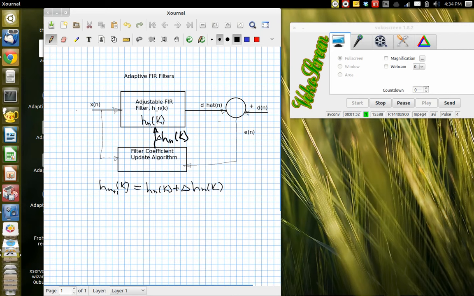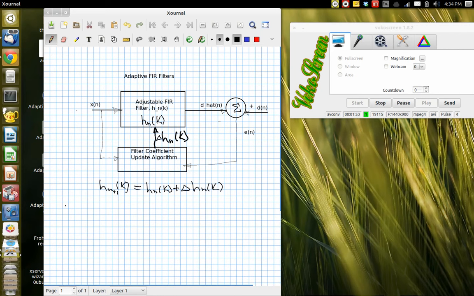And that's how we'll update the h sub n of k as we add on this. Over here, let's put a sum in this box, because that's summing things. Now the question is, how could we make this filter update algorithm work?